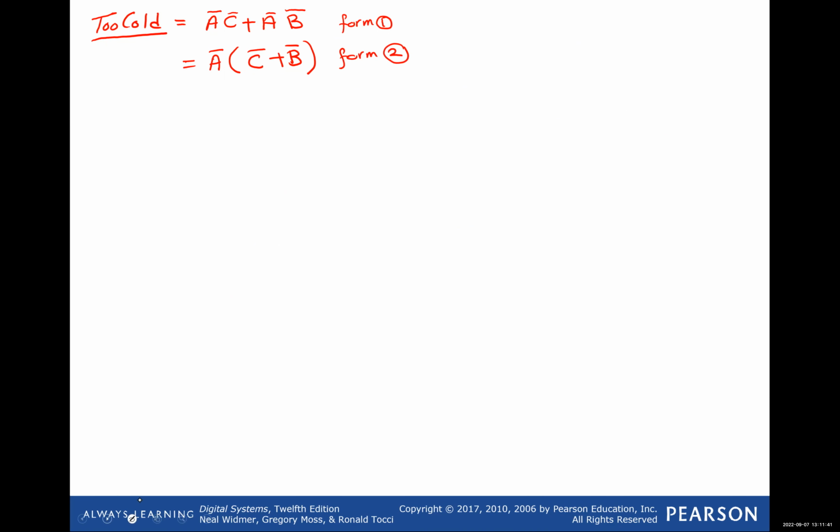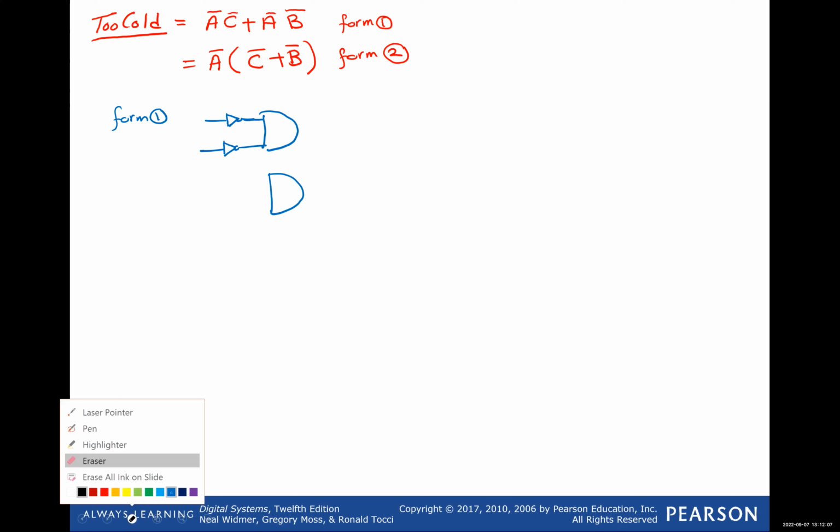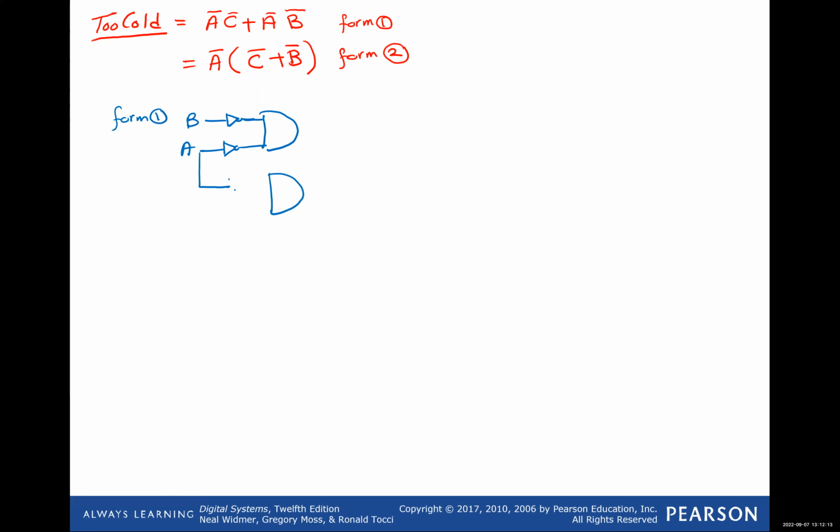So if you're going to be drawing the schematic diagram, and therefore that's what you're going to be implementing on your breadboard, it can be the first form, form number 1. So you're going to have an AND gate. Here you're going to have an inverter before that, for the A. So this is my B, this is my A, and again, you're going to have the inverter, so the A complement.